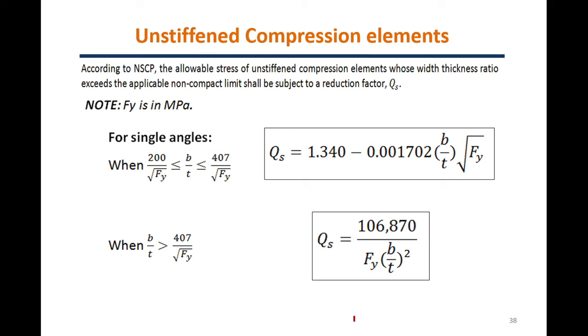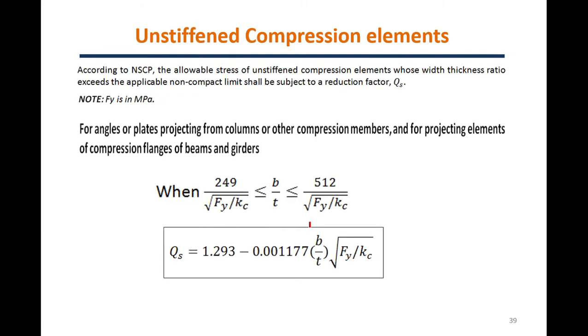So, makikita natin dito, pag nag-satisfy yung ating itong tatlo na to, itong gagamitin ng reduction factor kasi you have to solve for the 200 over square root of Fy is less than or equal to B over T is less than or equal to 407 over square root of Fy. So, mache-check mo yan, ha? So, yan ang gagamitin natin. Pero kung mataas ang B over T mo, ito ang gagamitin natin reduction factor. Diba? Okay.